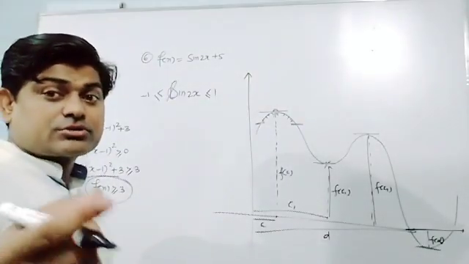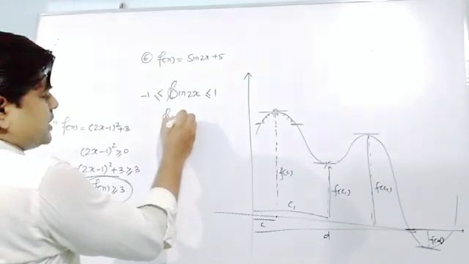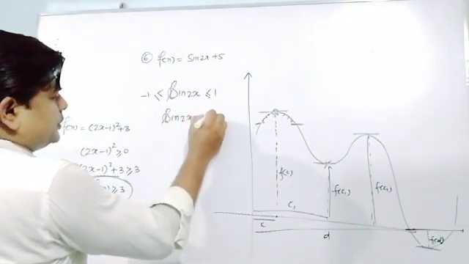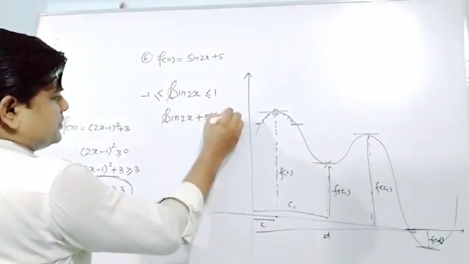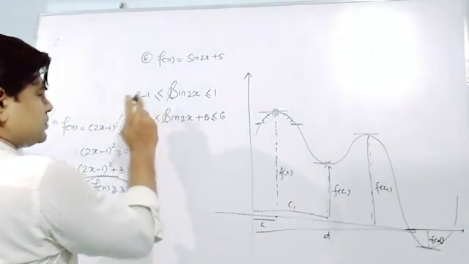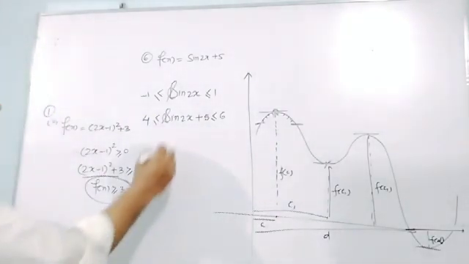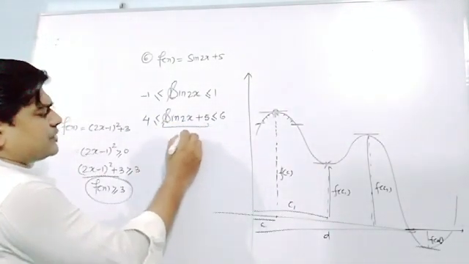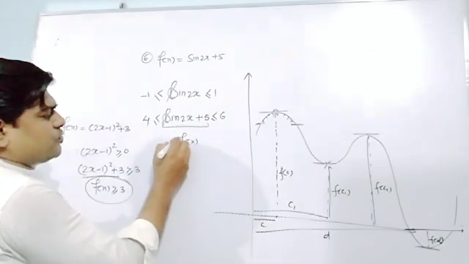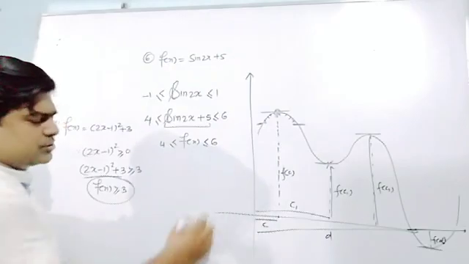For sin 2x plus 5, no problem, add 5 everywhere. Sin 2x plus 5 is less than or equal to 6 and more than or equal to minus 1 plus 5, which is 4. This one is called f(x). Our f(x) is always greater than or equal to 4 and less than or equal to 6.